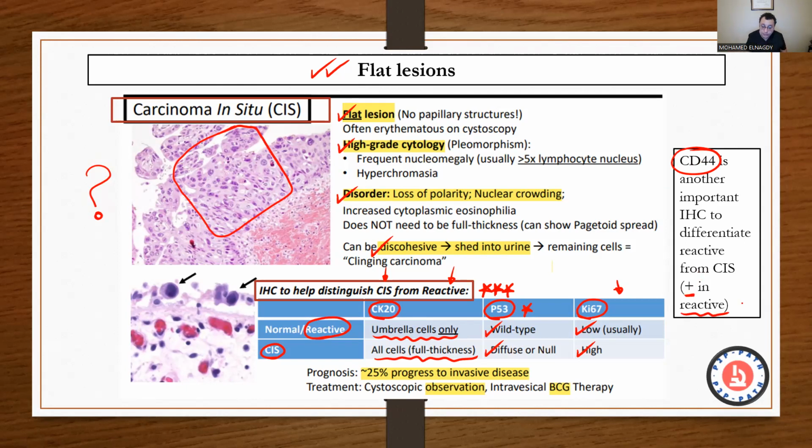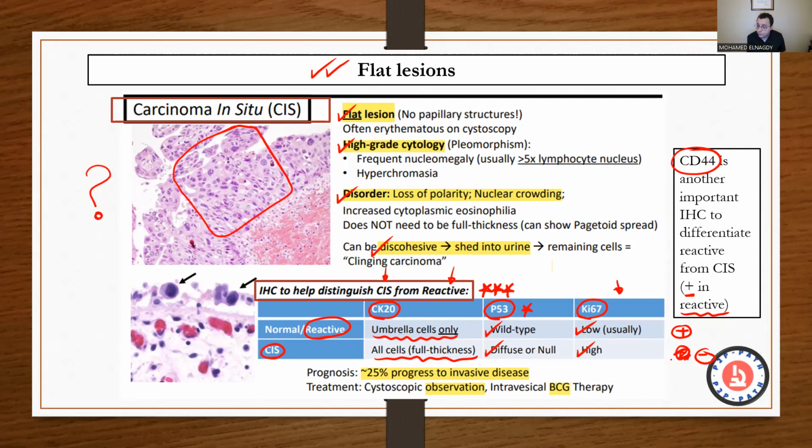It's a good stain because it's like a negative-positive stain, like P53, which is wild type or mutant, so it is very easily interpreted. Sorry, I put it wrong: CD44 is positive in reactive and negative in CIS.